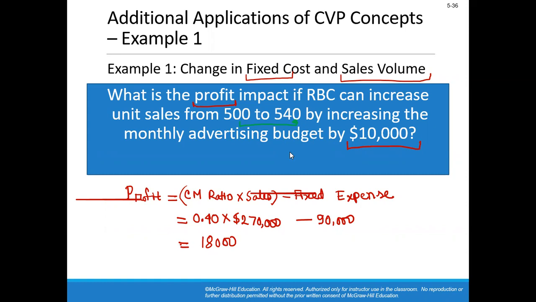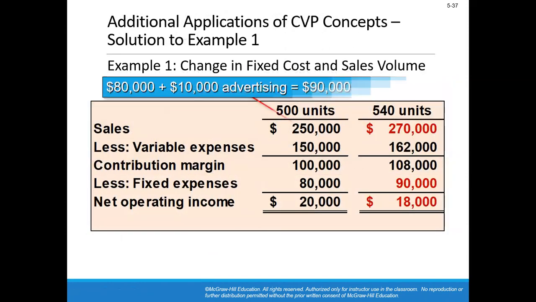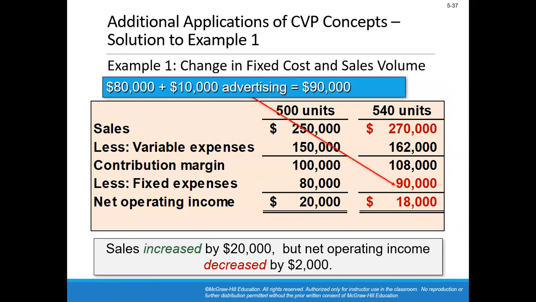Okay, let's see whether we have done the right thing by looking at the calculation from the conventional contribution format income statement. We see that we have done the right thing. Our profit should be 18,000, which is 2,000 lower than the previous 20,000 profit in the case of 500 unit sales.